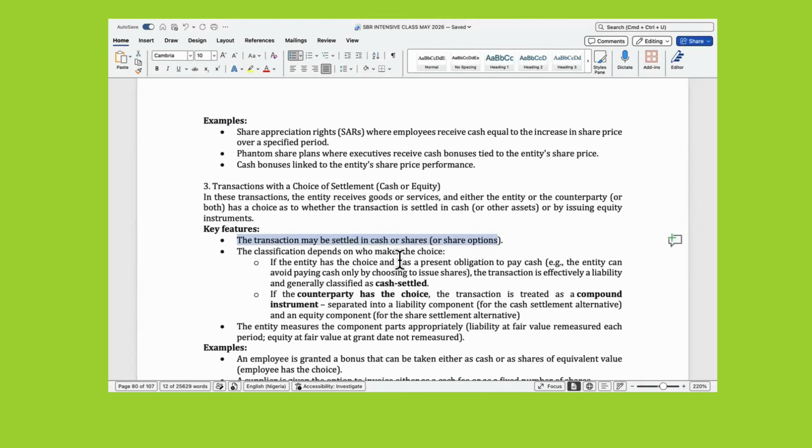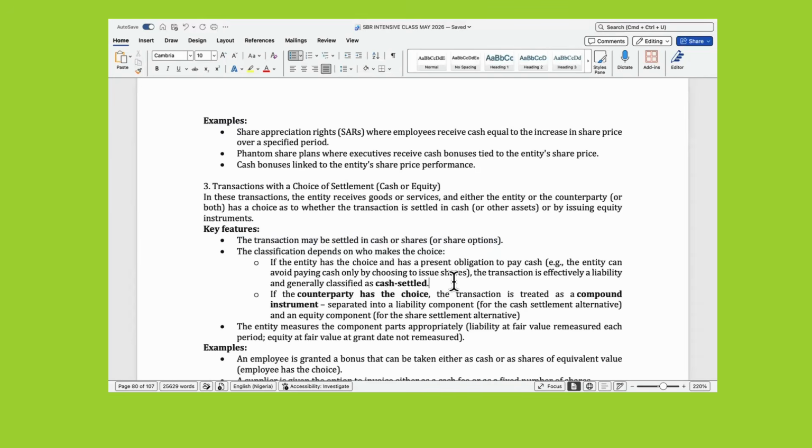If it is the entity that is making the choice and has a present obligation to pay cash, then you are going to treat the transaction as cash settled. That's cash settled. Because cash settled is where you are paying cash or when you will pay cash for the goods you received.